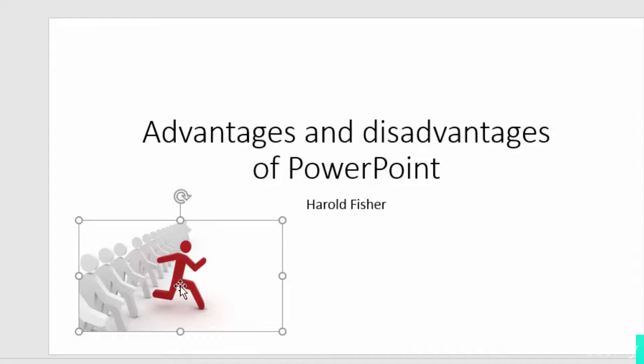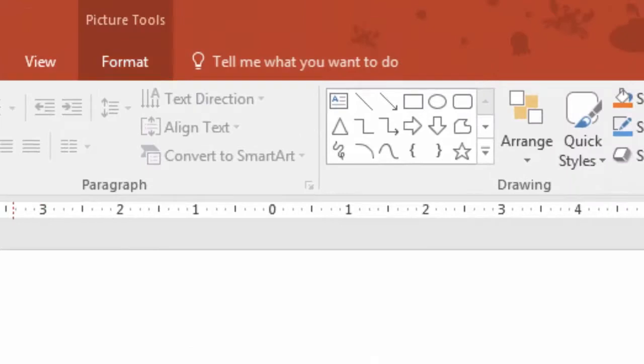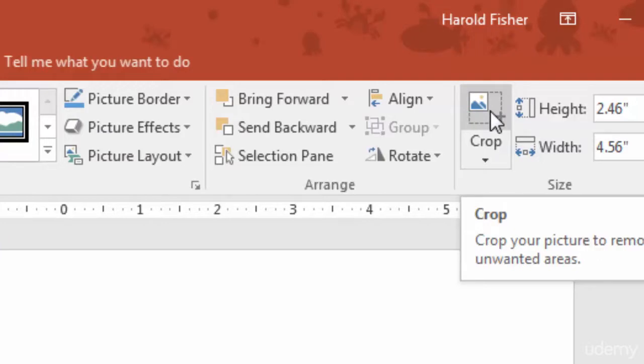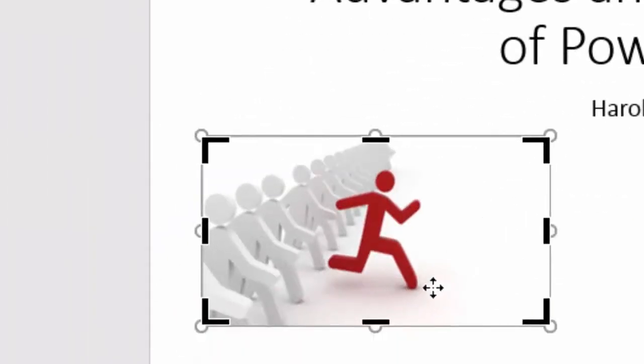So if we only wanted the front runner in this picture, make sure your picture is selected and click on the Format tab. The Picture Tools Format tab will only appear when the picture is selected. Look over here on the right hand side, you have Crop. If we click the top part of it, notice these little bars that appear around the picture.